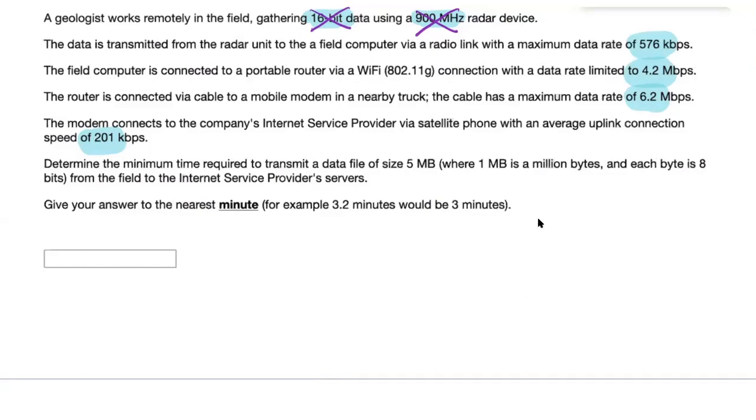Okay, so let's imagine you have your geologist and you have your sensor, which in this case is a radar, and that's connected to a computer, and the computer is connected to a portable router.